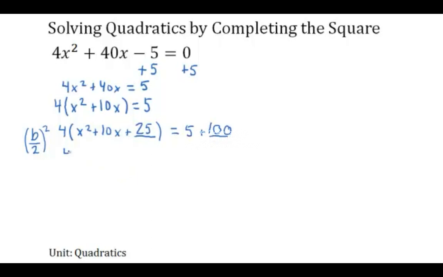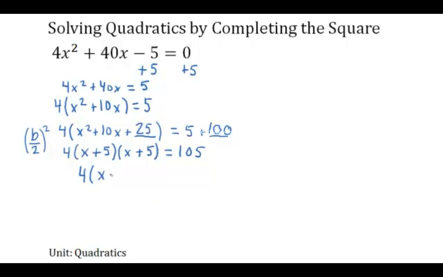Okay, from here, we now factor this quadratic. Two numbers that multiply together to give you 25, but add together to give you 10 are 5 and 5. Over on the right side, we'll just simplify that by adding and getting 105.